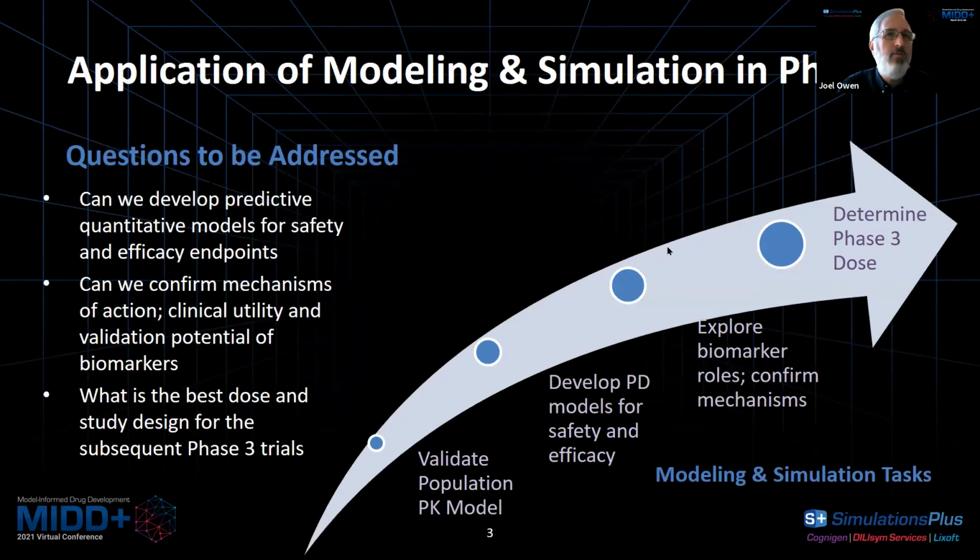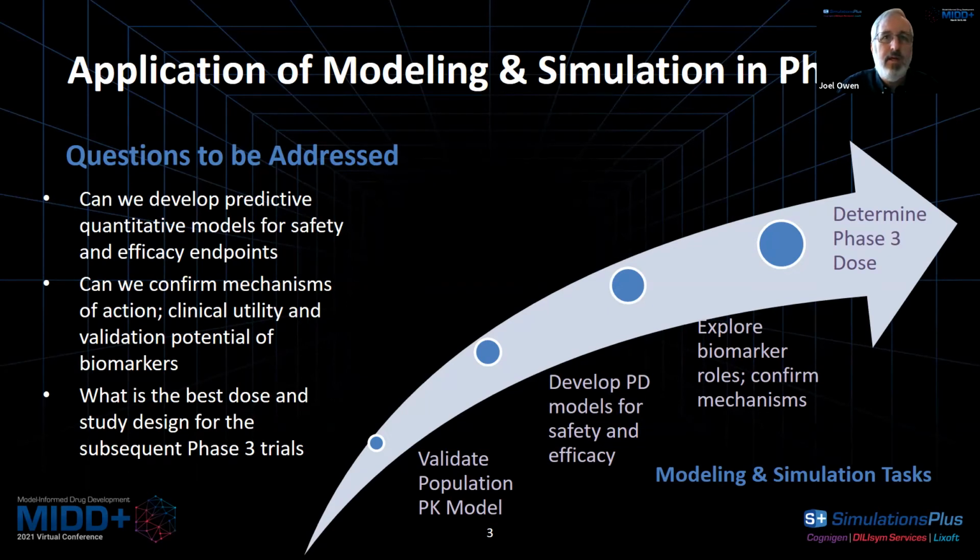So the main questions we're trying to address are, can we develop predictive models of both pharmacokinetics and pharmacodynamics for safety and efficacy from a model-informed drug development standpoint, so that we can plan later studies more effectively.